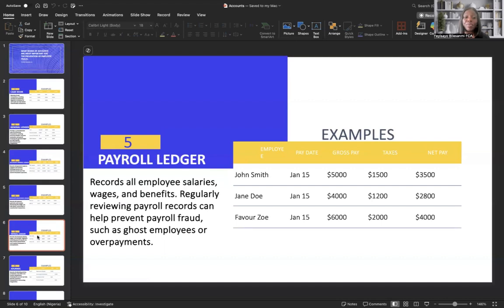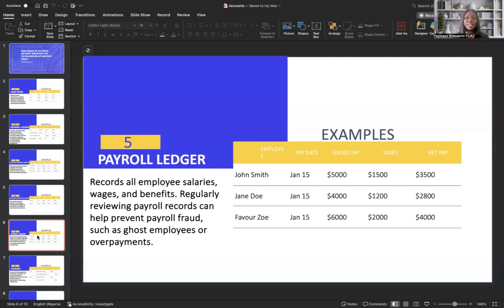All right, so we'll move on to the next. We're looking at the payroll ledger. This is one of the most important ledgers that you can keep in your business. This is the ledger that records all employees' salaries, wages, benefits, allowances, and things like that. Regularly reviewing this account will help you prevent payroll fraud, which happens quite a lot, especially if you have a large establishment where ghost workers can easily be paid without the owner of the business really knowing what's going on, right?